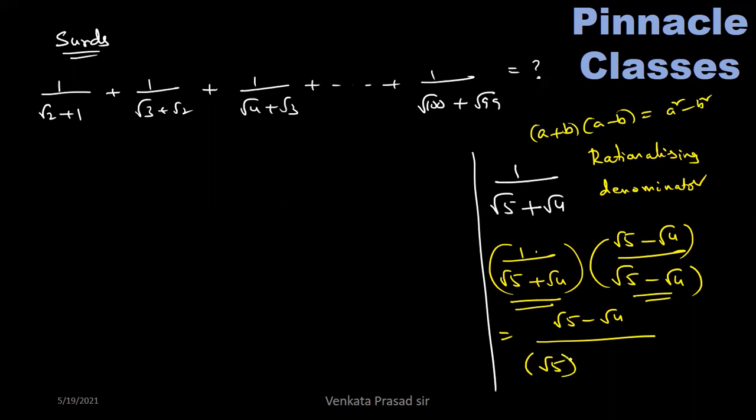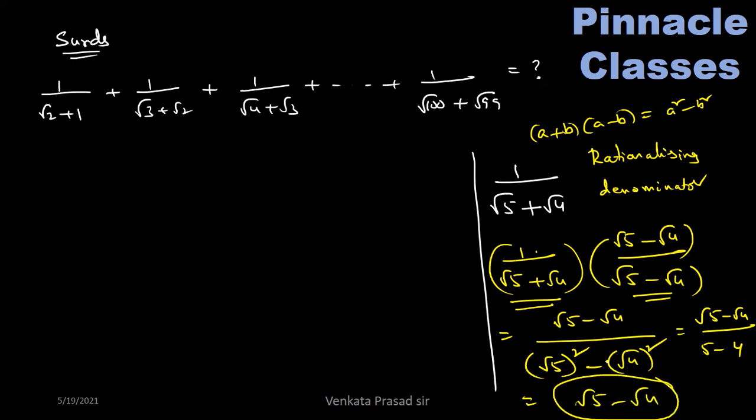So root 5 whole square minus root 4 whole square. What is the next step? The square and square root cancel, so 5 minus 4, which is 1. So this value is root 5 minus root 4.